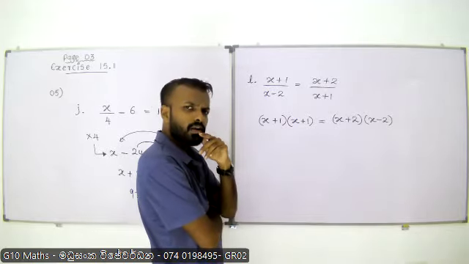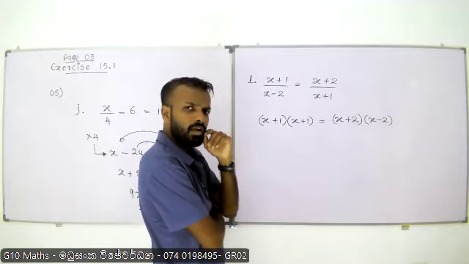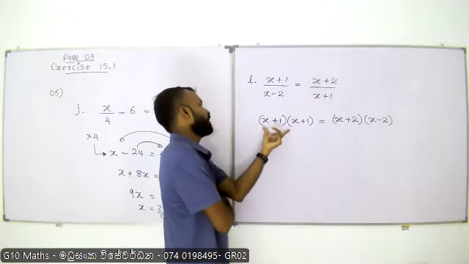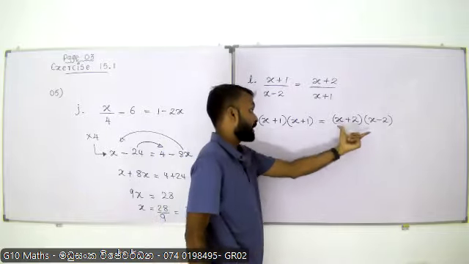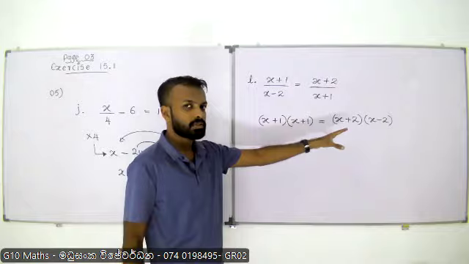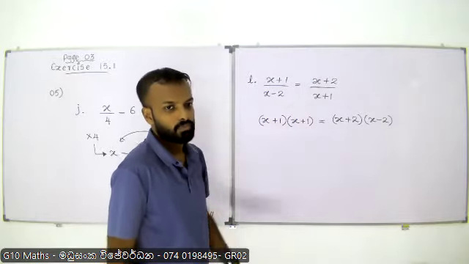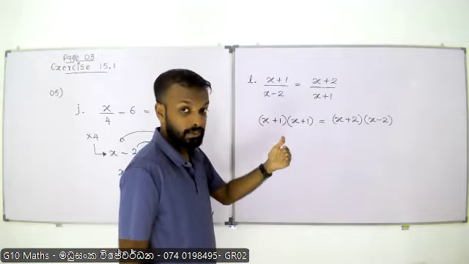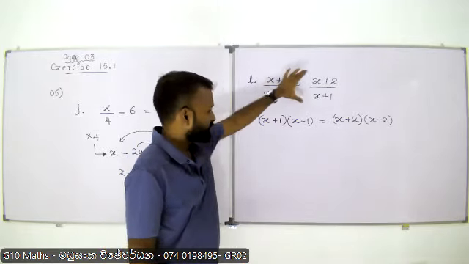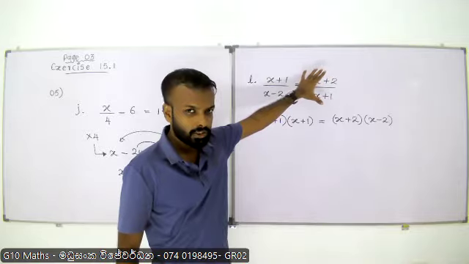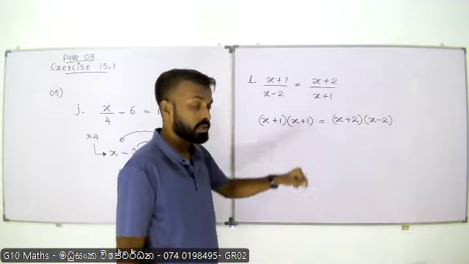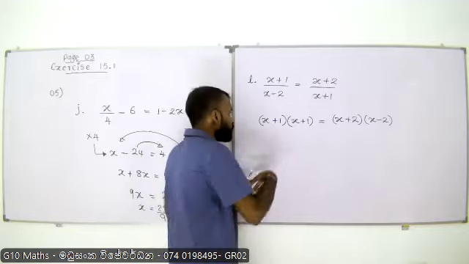Now what is to be done? Instead of finding the value of x, let's see. I'm going to remove the brackets in order to simplify this equation further. I'm explaining step by step so that you can understand. These are algebraic fractions, and cross multiplication has been done. Now I am going to remove the brackets.